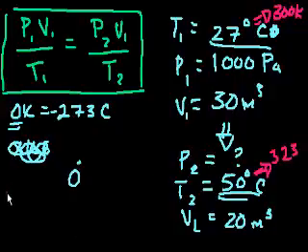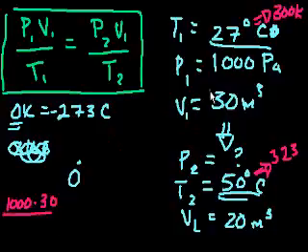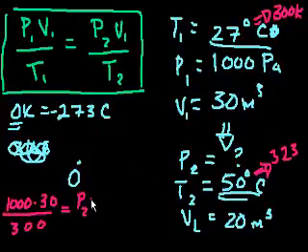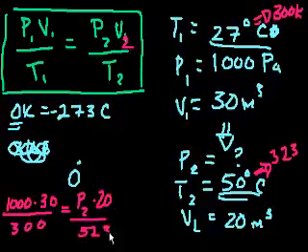So P1, 1,000 pascals, times V1, 30, divided by the first temperature, remember to do it in kelvins, 300, is equal to P2, which we don't know, times V2, 20, divided by our new temperature, 323.